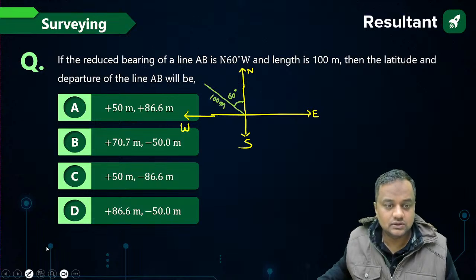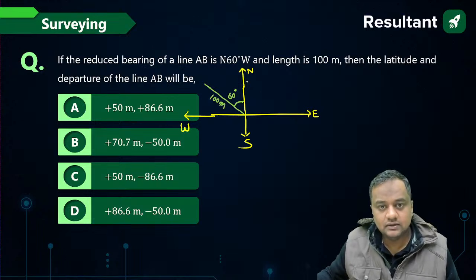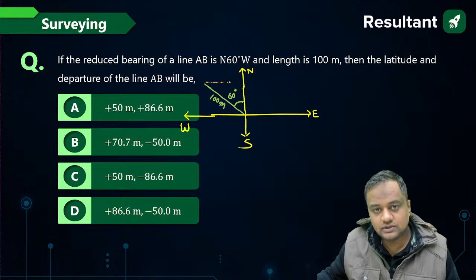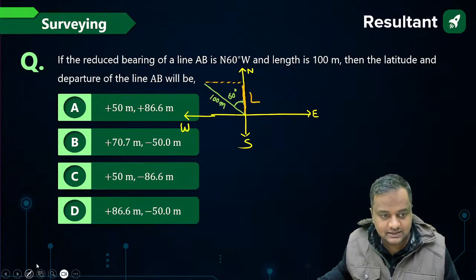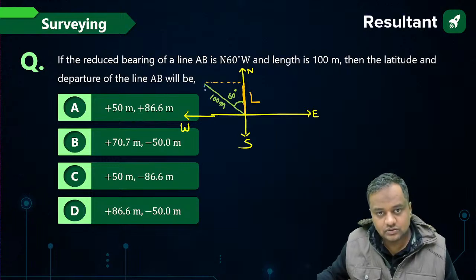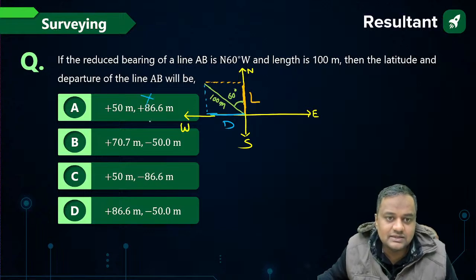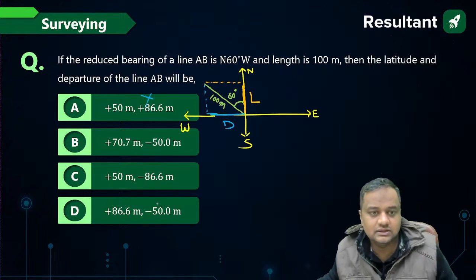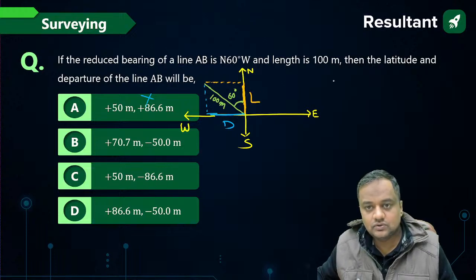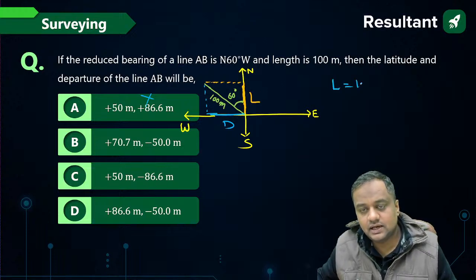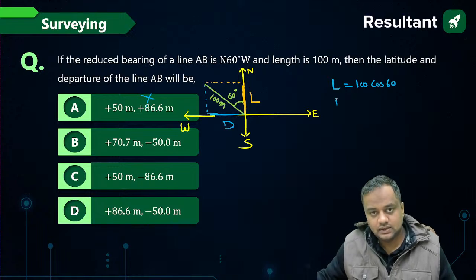Latitude is the projection on the north-south axis. Here the projection is in the north direction, so latitude is positive. Departure is the projection on the horizontal axis. It is in the west, so departure is minus. So latitude will be 100 cos 60 and departure will be 100 sin 60.